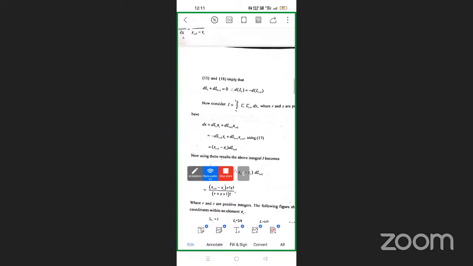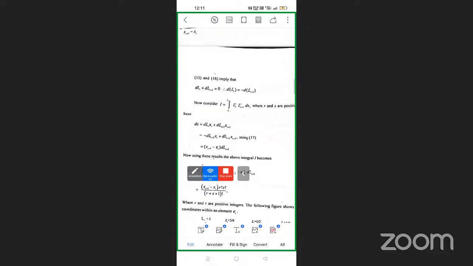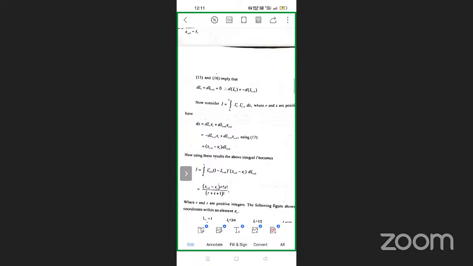Now consider I is equal to the integral from xi to xi plus 1 of Li^s, Li plus 1^r, where r comma s are positive integers, from equation number 12. So we are taking this integration.